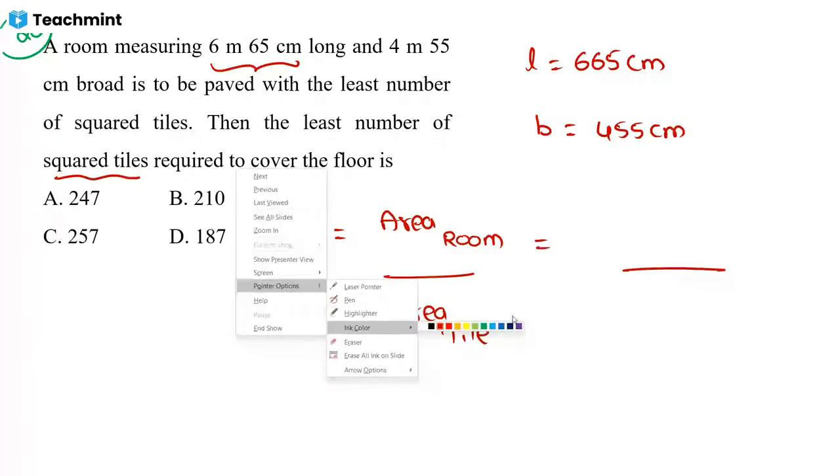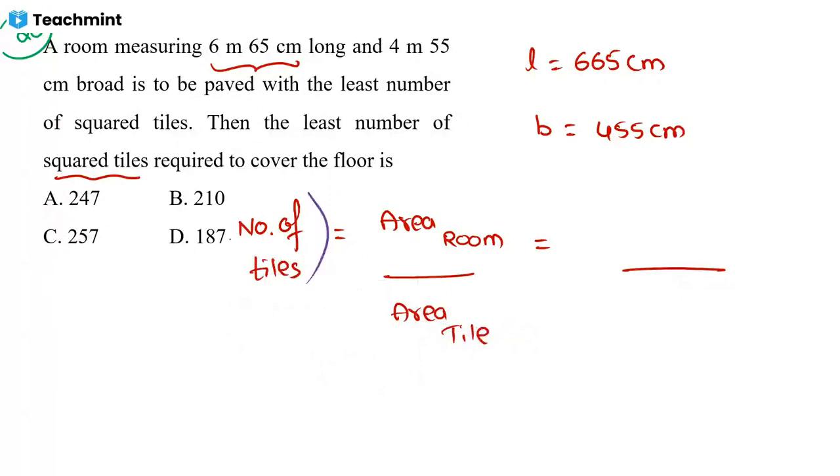Tile area should be maximum. How will you get the tile to be maximum? It means the side should be maximum, because this is a square tile, and the area of a square depends on its side.